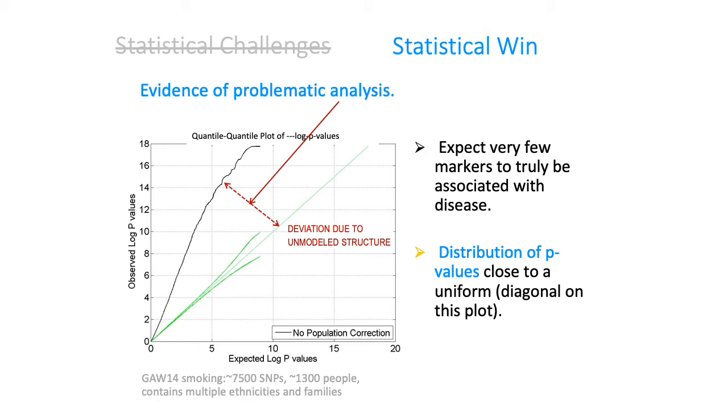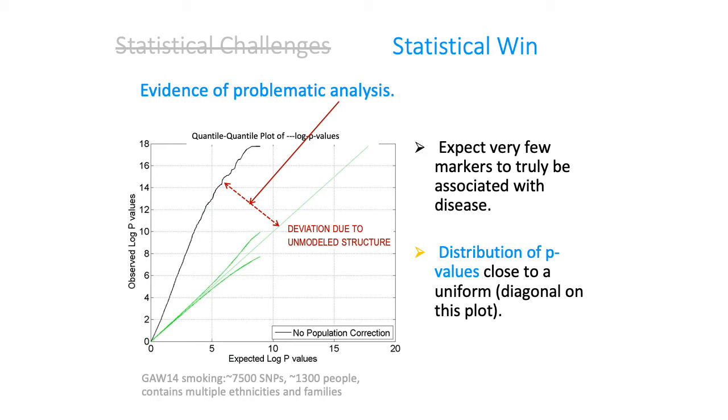null hypotheses to be true, then what you expect is a QQ plot where the line is fairly close to the diagonal. Those are represented by the green lines near the diagonal of this plot. One thing you should know about this QQ plot is that in comparison to the QQ plot I drew before, the X and the Y axis represent negative log 10 p-values, whereas before they represented p-values from 0 to 1.